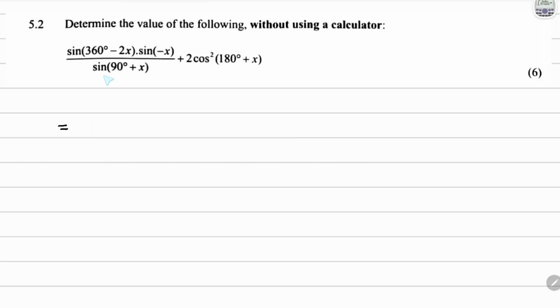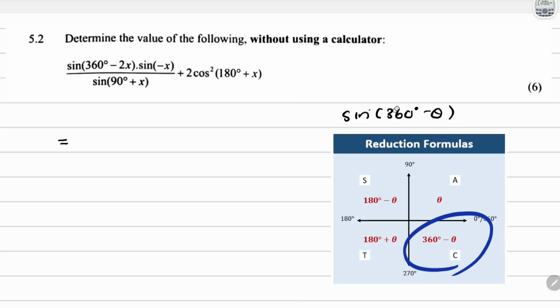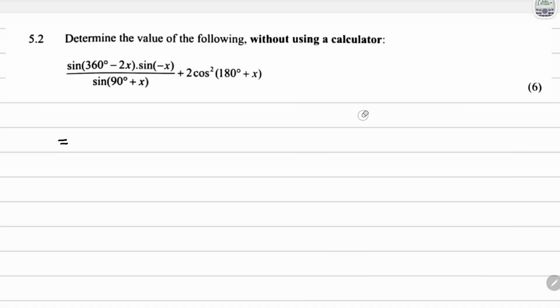Okay, so what we have here, we have sine 360 minus x, just like sine 360 minus theta. That is in cos's quadrant, and sine is negative here. So that would become negative sine of our angle there, which is 2x. Then we have multiplied by sine of negative x. So I'm going to actually simplify on screen just to show you what happens. You see that we have negative x.